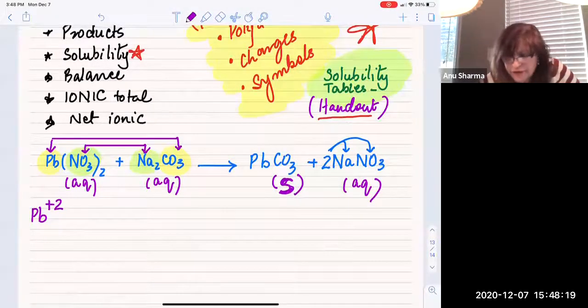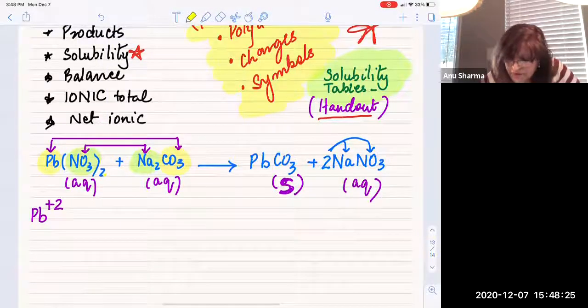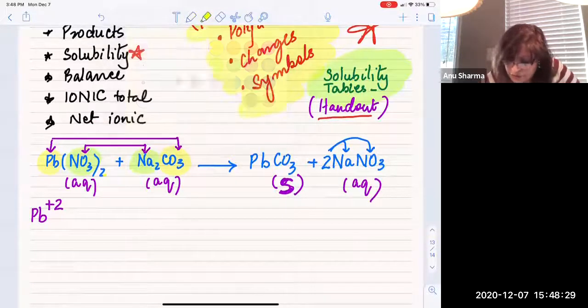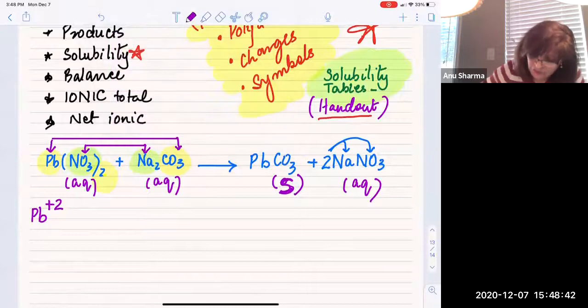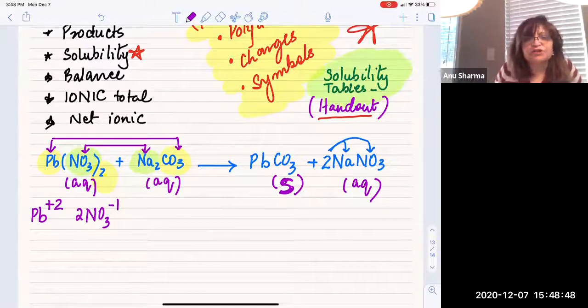Just looking at the formula, this 2 is coming from the top of lead when you write the formulas. So lead plus 2 state and 2 nitrates, each minus 1 state. That's how they balance each other out.